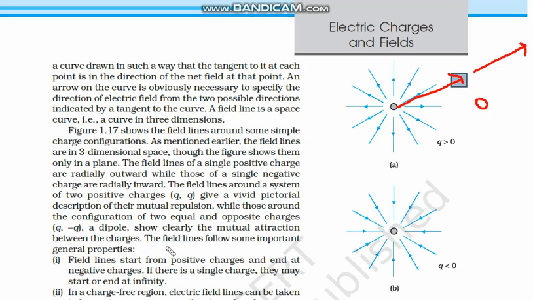No. So these go up to infinity in a charge free region, or they are coming from infinity to this point without any break. What would a break be? A break would be something like this, but there are no breaks in these electric field lines.